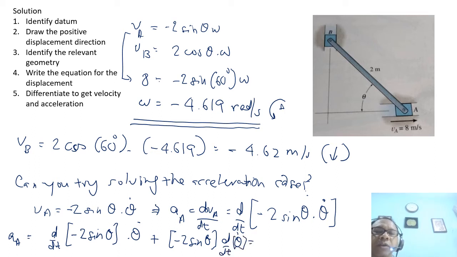You can try to solve that in parts. It's not so difficult. We have done that before, so I think you could try that on your own. Let's do another example here.